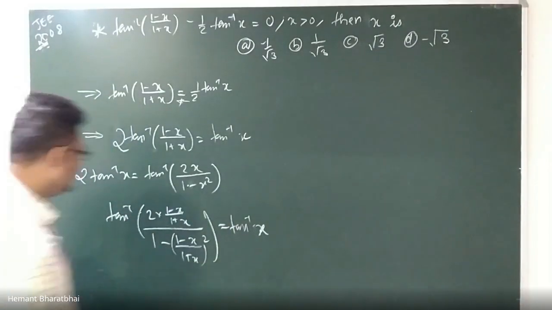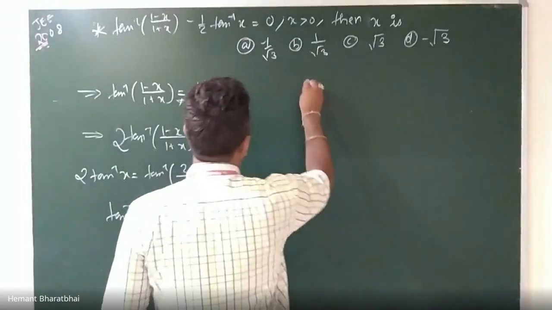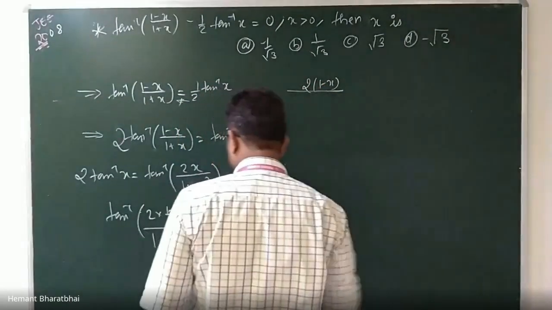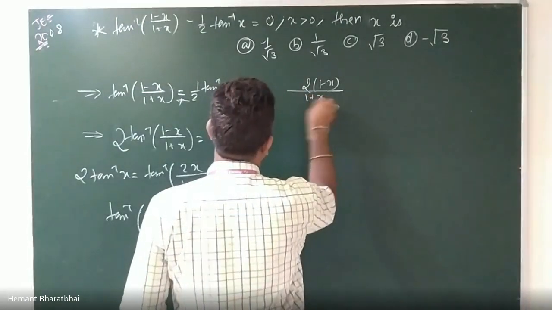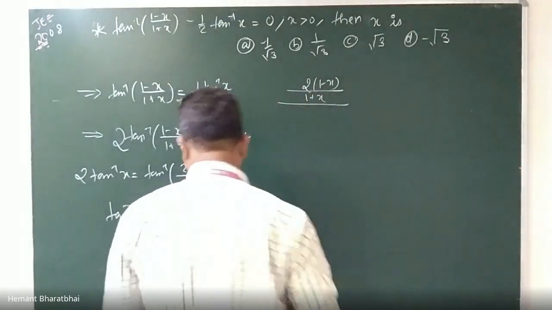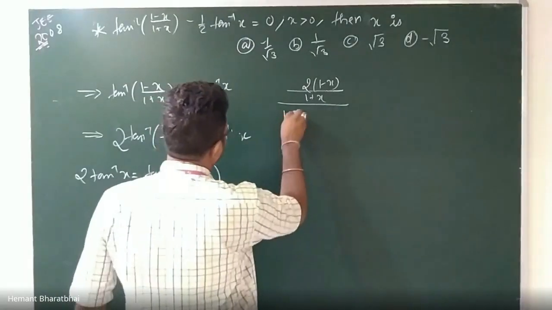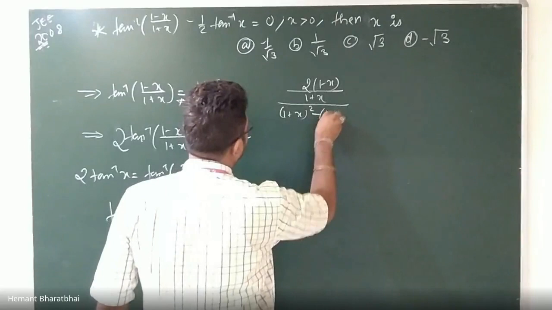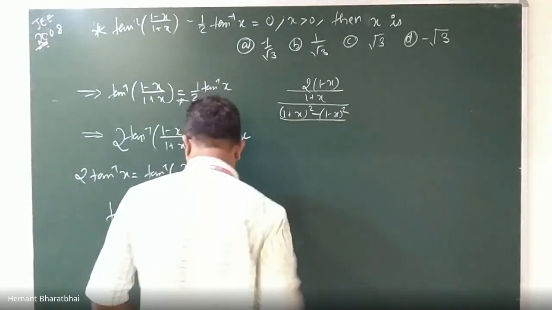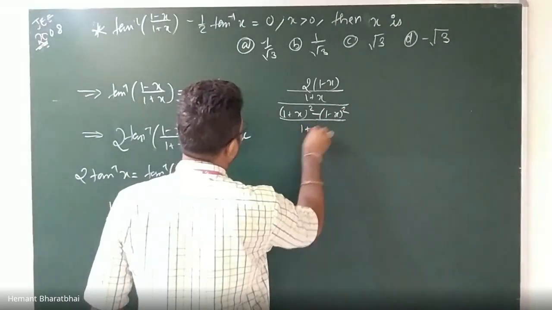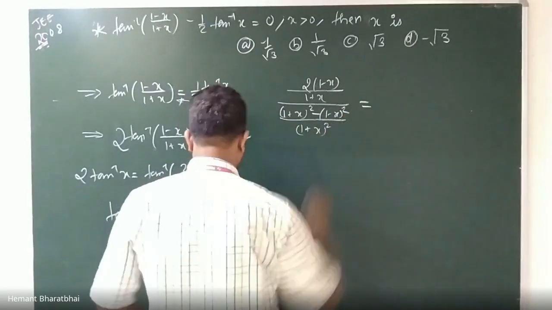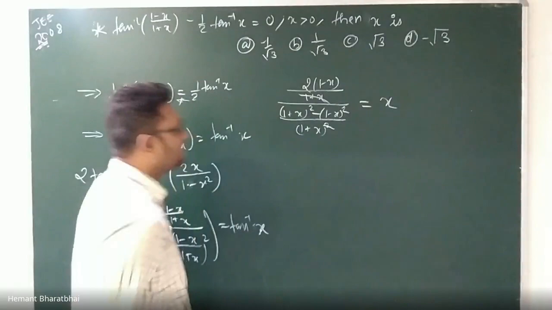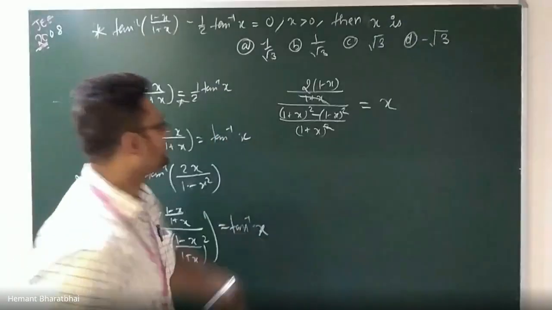I'll simplify this. So I'll get 2 into 1 minus x upon 1 plus x, the whole upon 1 plus x the whole square minus 1 minus x the whole square upon 1 plus x the whole square, is equal to x. Here the 1 plus x square will cancel and come up.